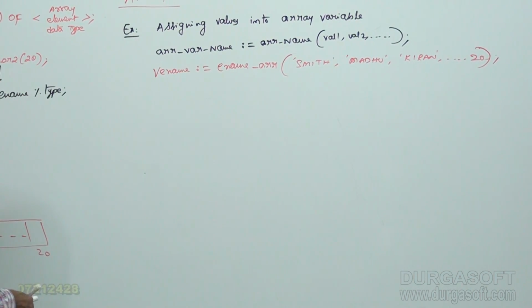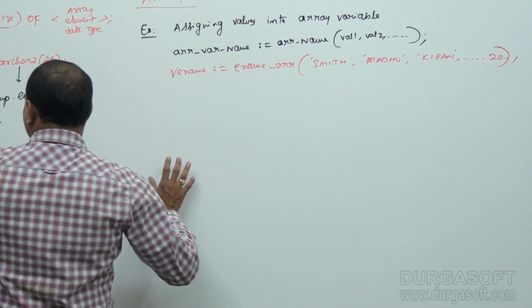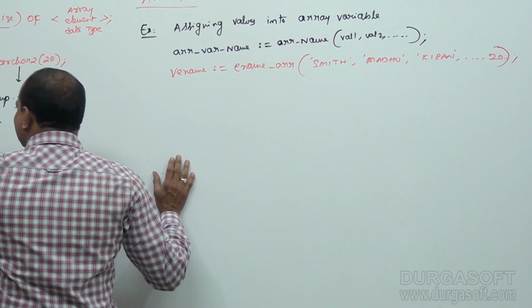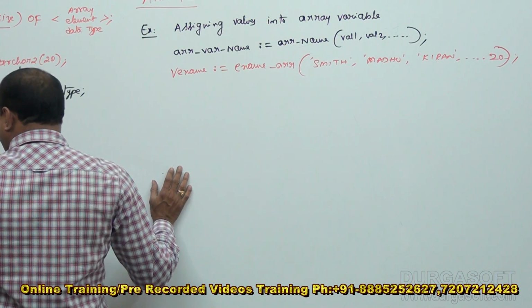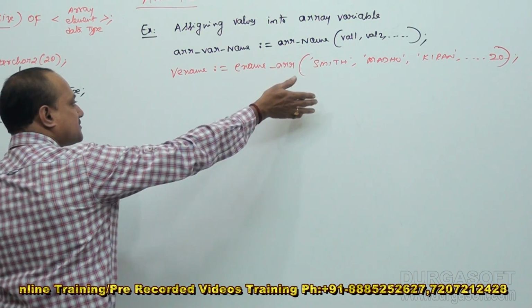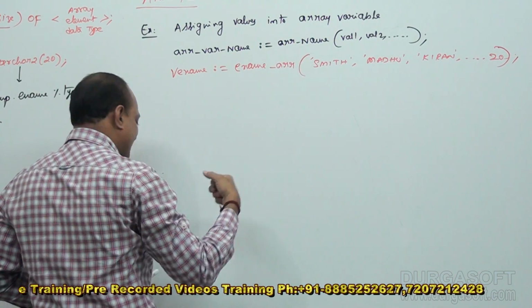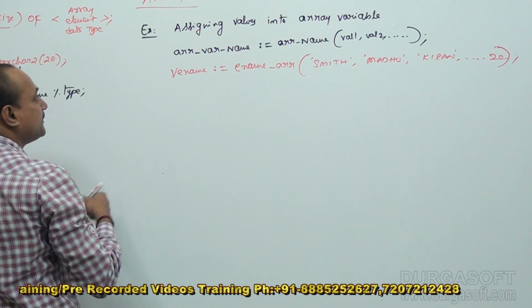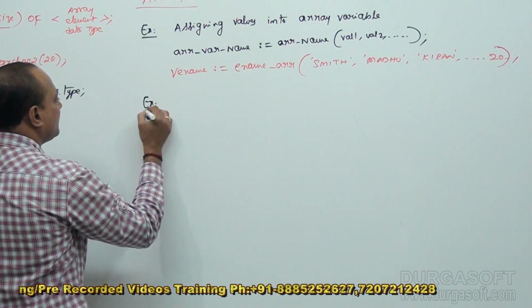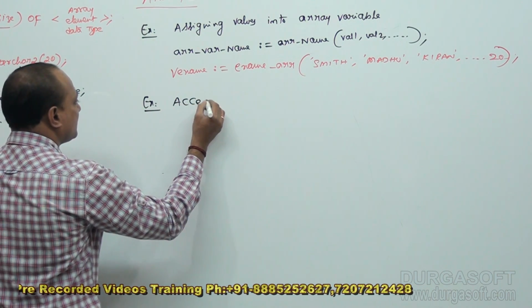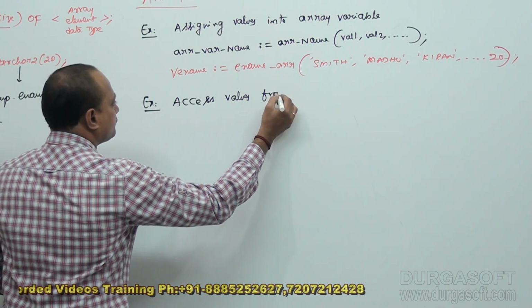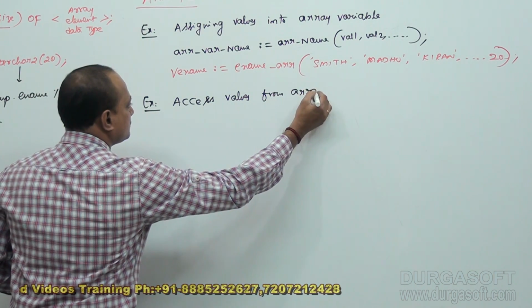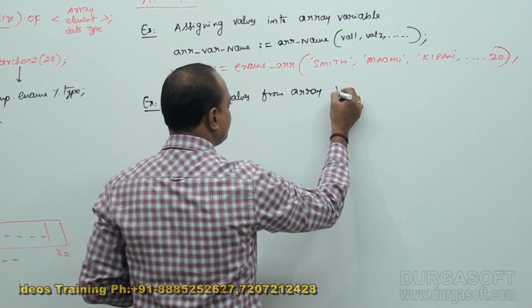Okay. Now, defining structure of array is over. Declaring array variable is over. Into this variable you are storing values. How to access array variable values? Access values from array variable.